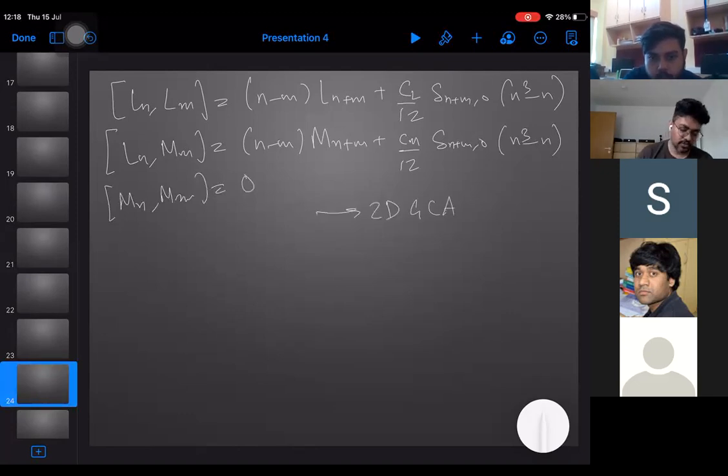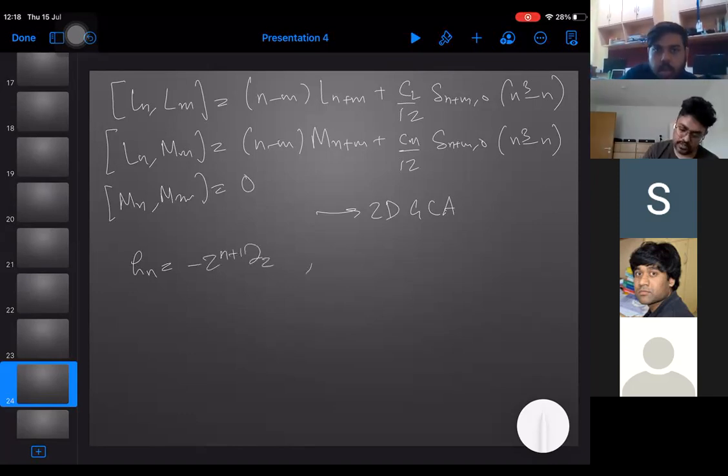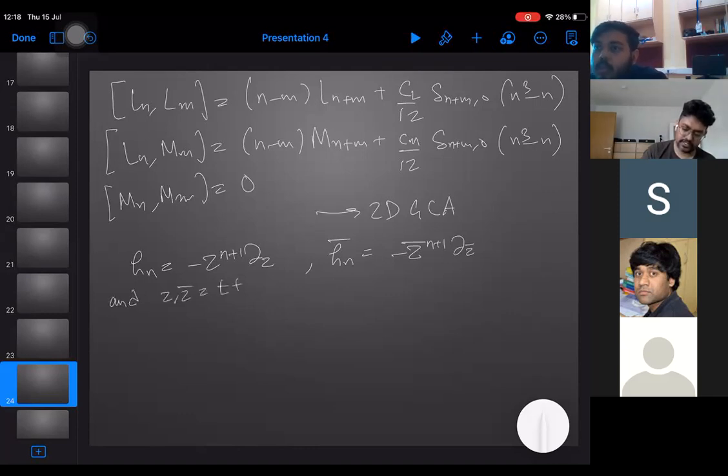The other way to do the same thing is to start with the coordinates and the form of those generators, something given by this, where z-bar is t plus or minus x.